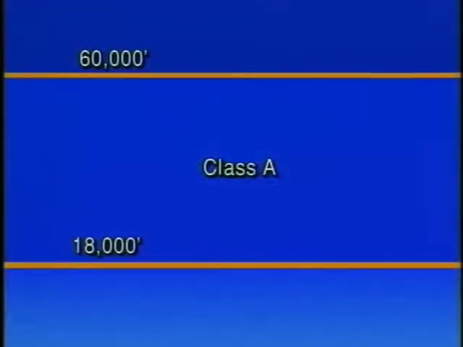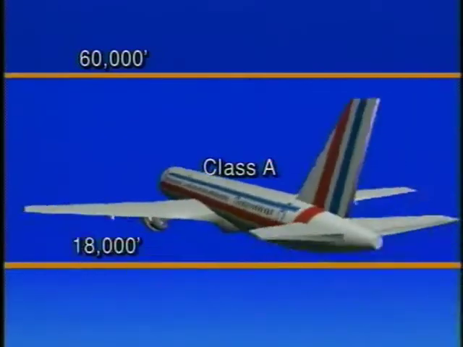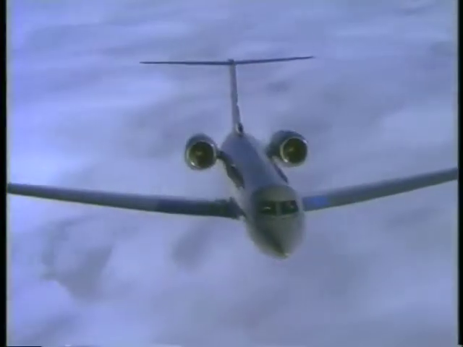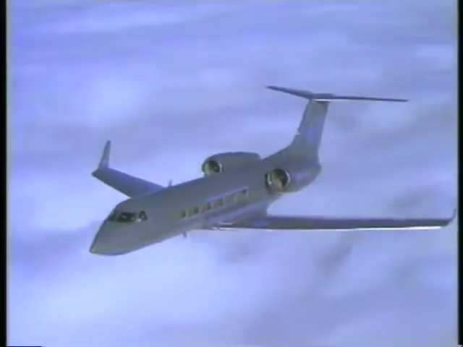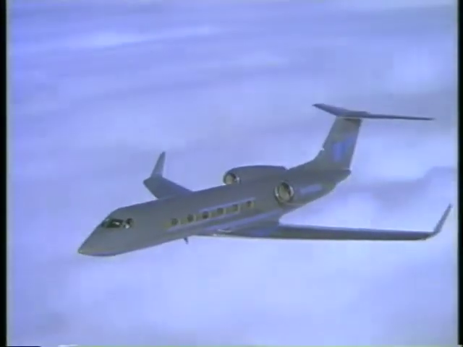Class A airspace extends from 18,000 feet MSL up to and including 60,000 feet MSL. To fly in Class A airspace, you must hold a current instrument rating and be on an IFR flight plan.